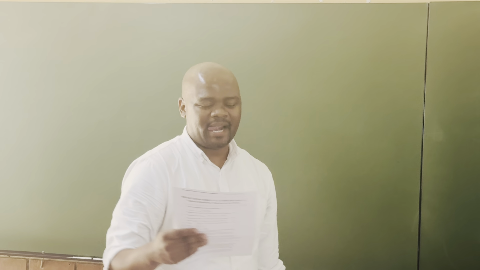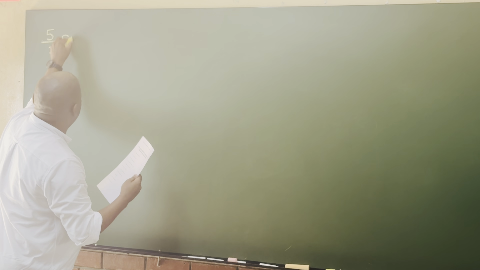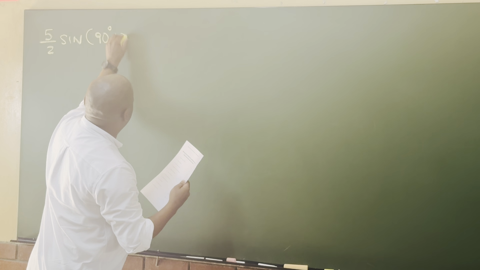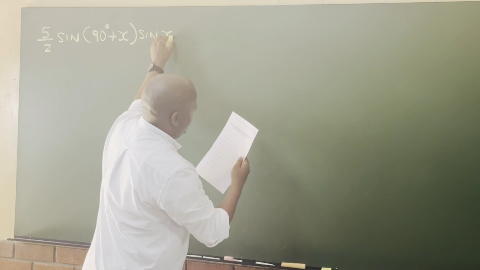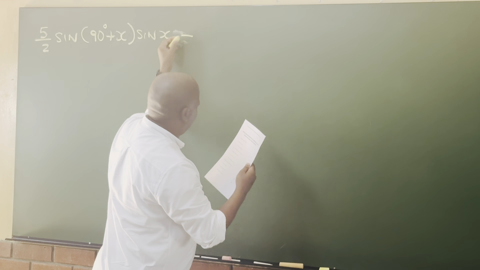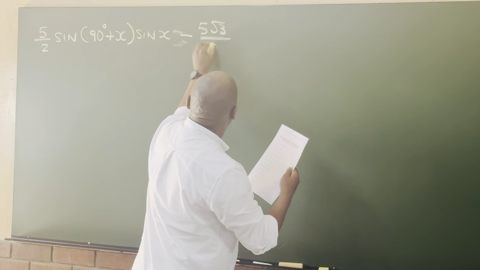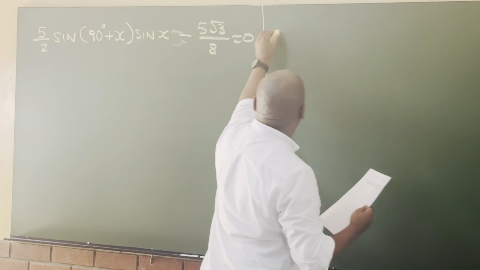All right, so in your worksheet here, we have number 1. You can see number 1, it's 5 over 2 sine of (90 plus x) sine x, minus 5 root 3 over 8 equals 0, for 5 marks.